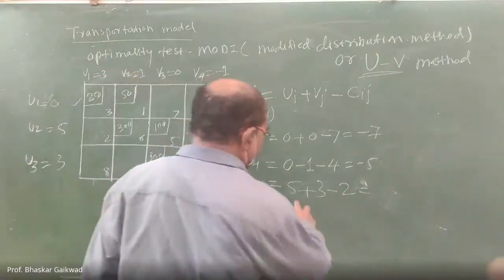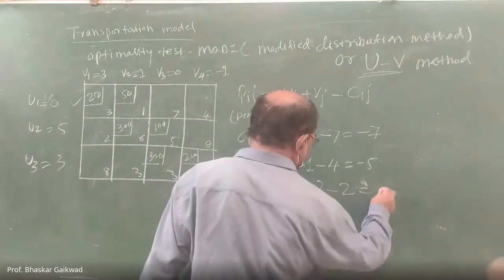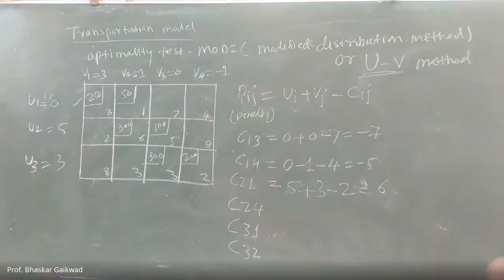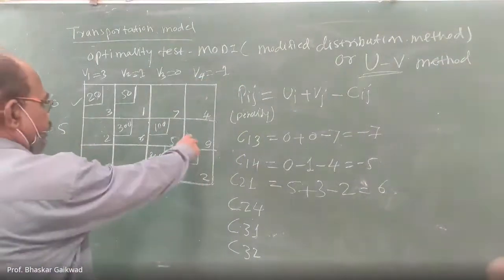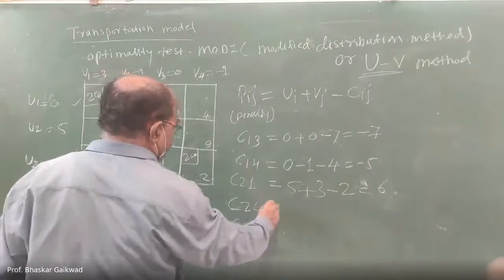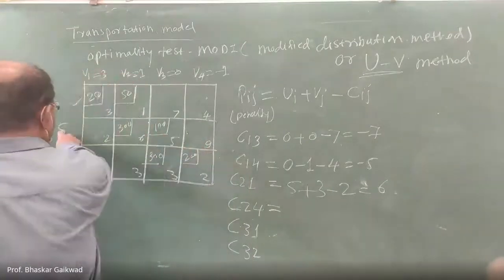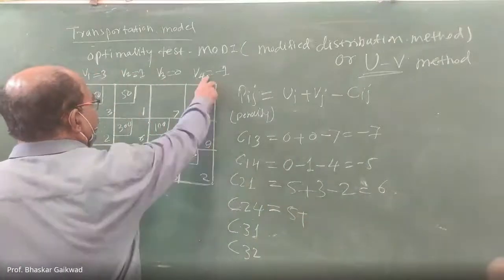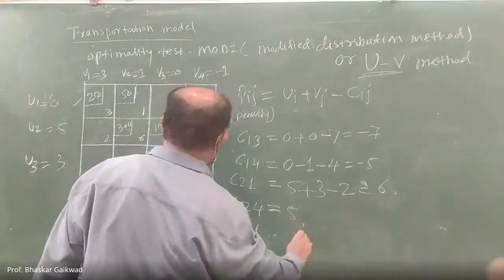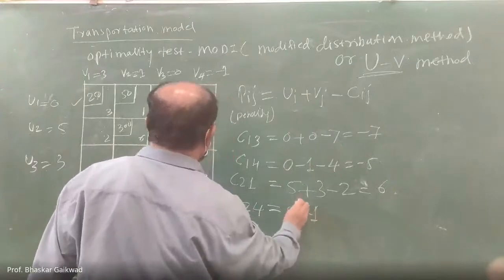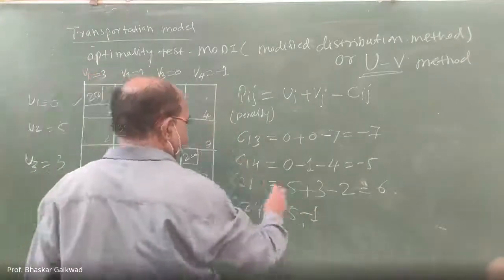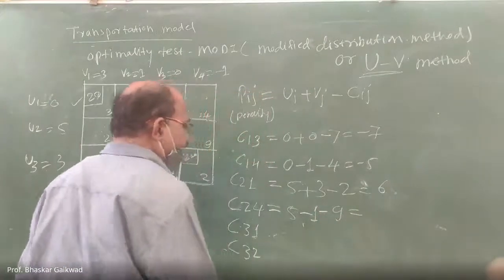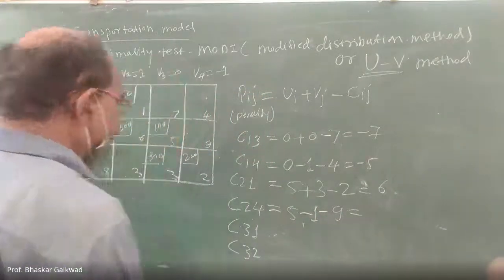What is there? 6. Then 2 4, this one: 5 plus minus 1, and minus 9. How much here? Minus 5.